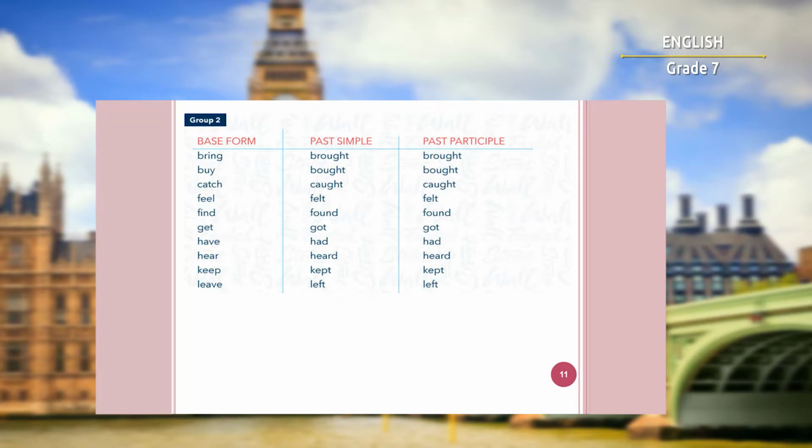On this slide, we can see verbs of the second group where verbs have the same past simple and past participle. Let's have a look at them. Bring, brought, brought, buy, bought, bought, catch, caught, caught, feel, felt, felt, find, found, found, get, got, have, had, hear, heard, heard, keep, kept, leave, left, and too many others.